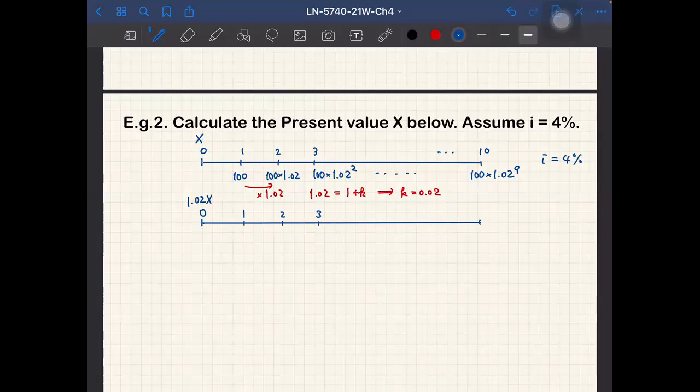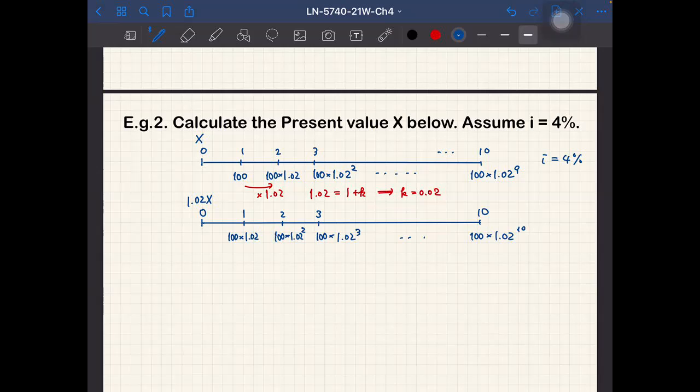Then this coincides with the cash flow of 100 times 1.02 at 1, 100 times 1.02 square at time 2, and 100 times 1.02 cube at time 3, and so on. And the last payment is 100 times 1.02 to the power 10.